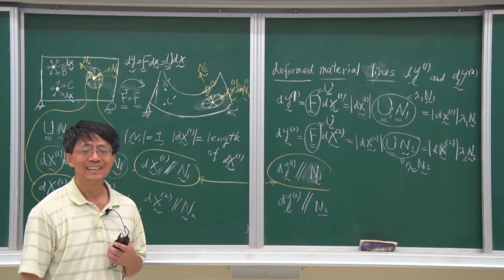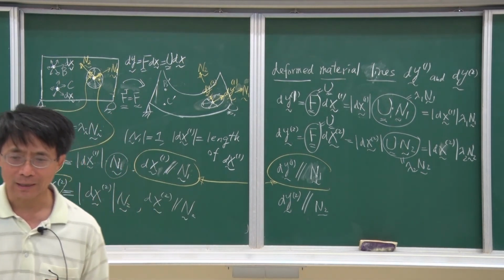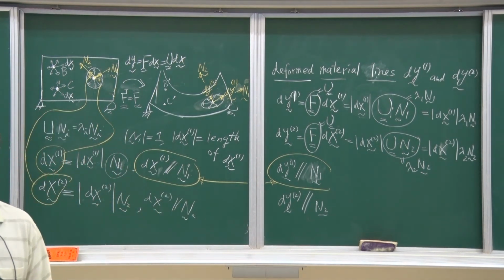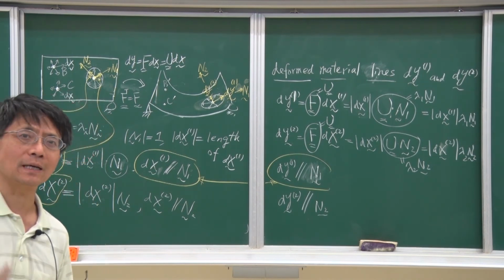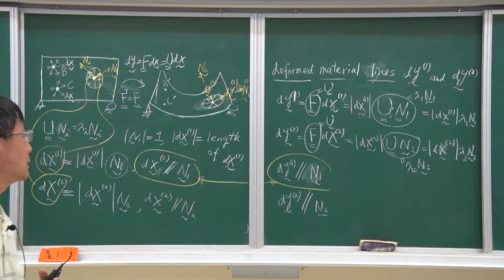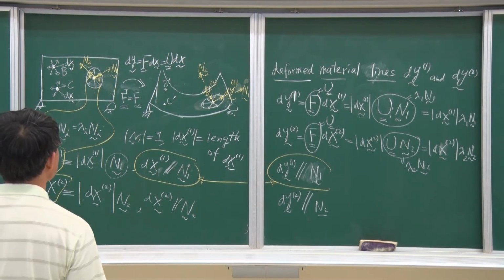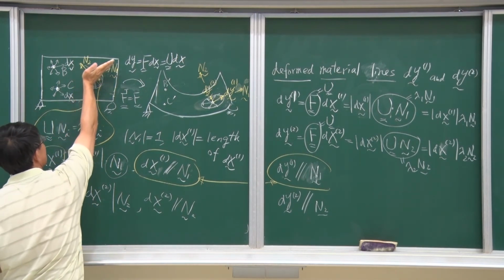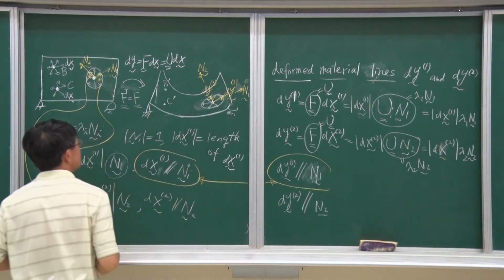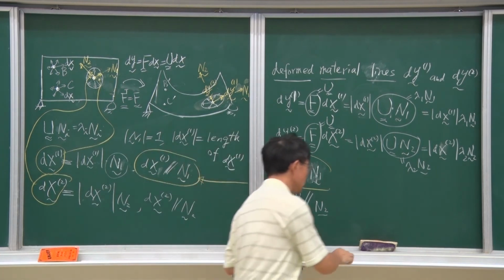Understand? Before the deformation, this material line dx1 is in the direction of the eigenvector n1, and after the deformation, it is still in the same direction. So what is the interpretation? In this n1 direction, this material line after the deformation is still in the same direction. Okay, let me draw a picture for you.